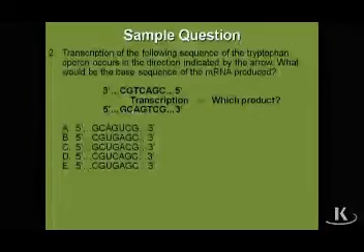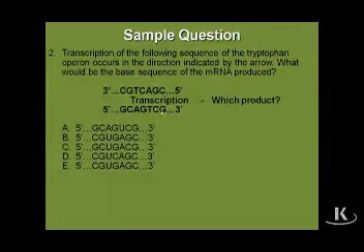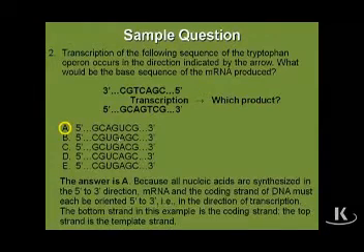Well, the nice thing is this has already been done for you because they've given you the coding strand. So all you really need to do is take the coding strand, identical sequence, except replace the T's with U's. And that will give you the correct answer.